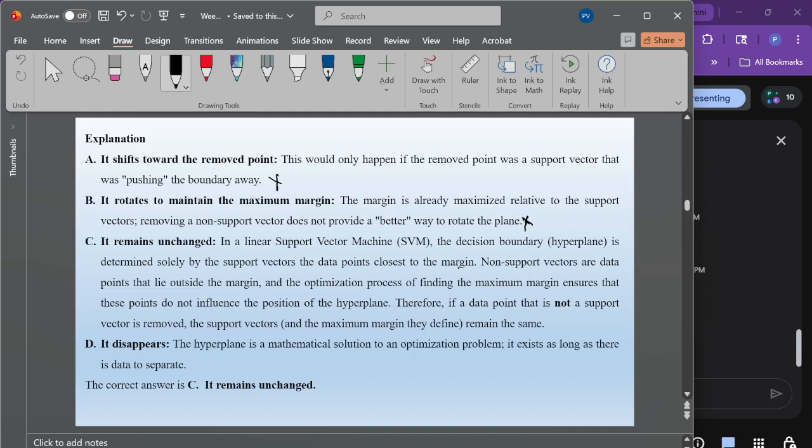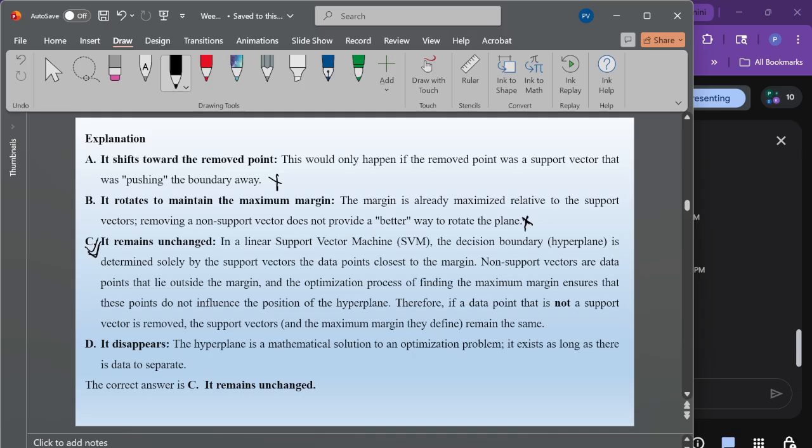So if the data point is not a support vector and it is removed, the support vectors and the maximum margin remain the same. It does not change. So option C is the correct option for the given question.